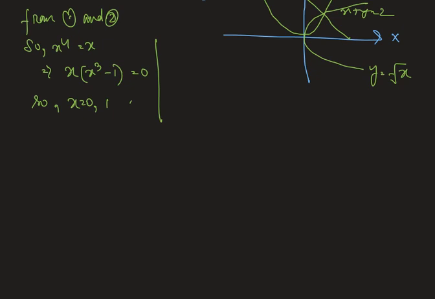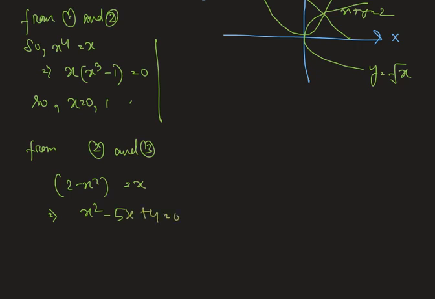Okay, now from 2 and 3 we get 2 minus x square is equal to x, and this implies x square minus 5x plus 4 is equal to 0. Therefore x is equal to 1 and 4.